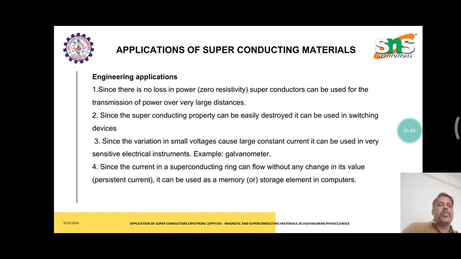A variation in small voltages causes a large persistent current, so it can be used in very sensitive electrical instruments, for example galvanometers. Since the current in a superconducting ring can flow without any change in its value, as a persistent current, it can be used as a memory or storage element in computers.